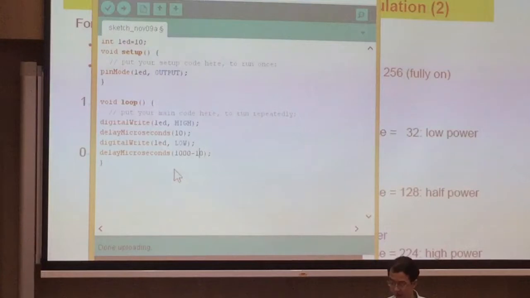Every cycle is 1,000 microseconds. So what is the frequency here? The frequency is 1,000 hertz, so the frequency here is 1 kilohertz.